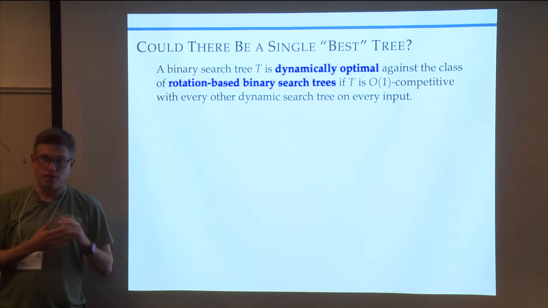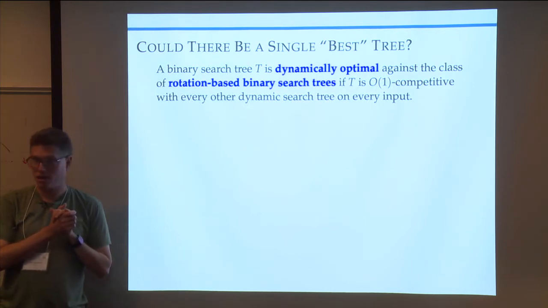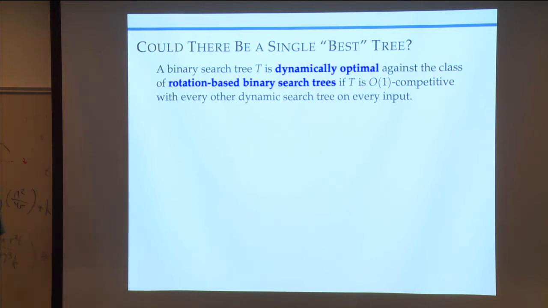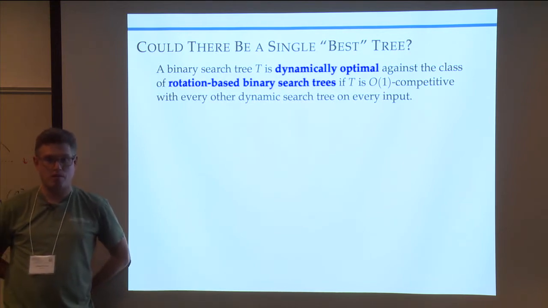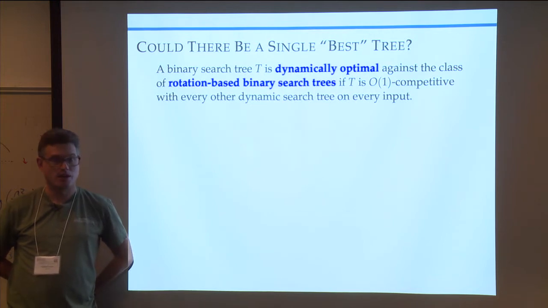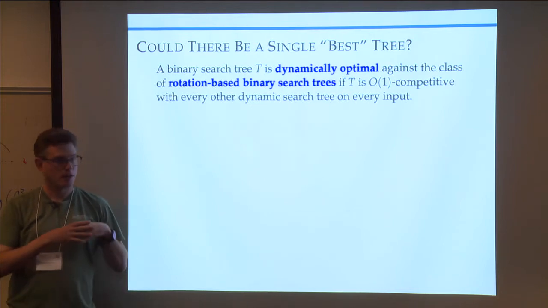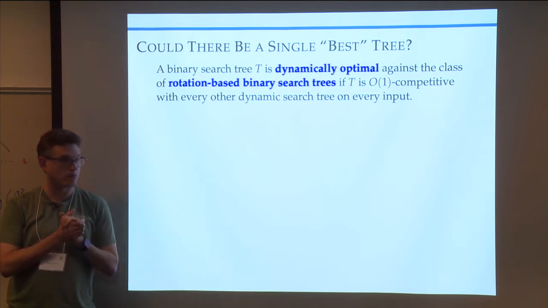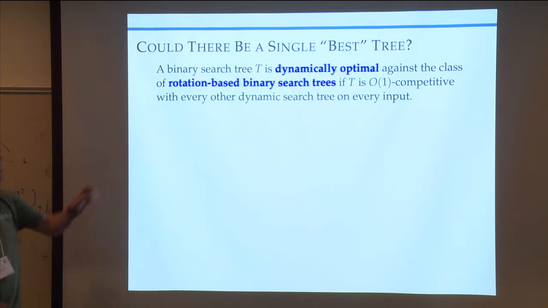So in the mid-'80s, this got Sleator and Tarjan to think about the following kind of amazing question, which is, could there actually be a single best tree? One tree that is best for all possible distributions, and it just adapts to all possible inputs.